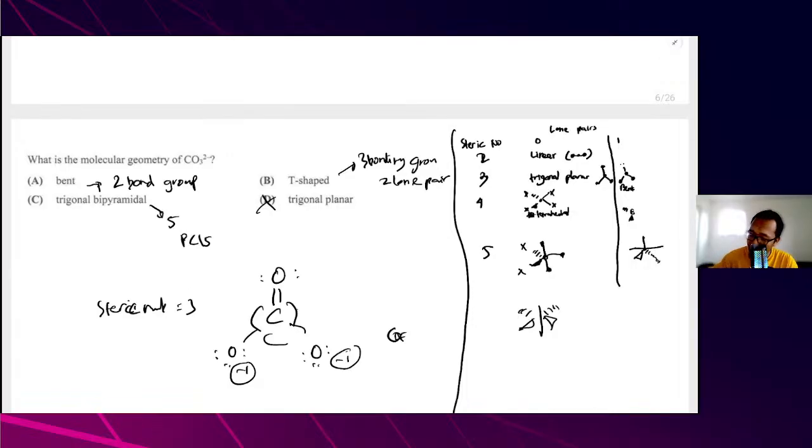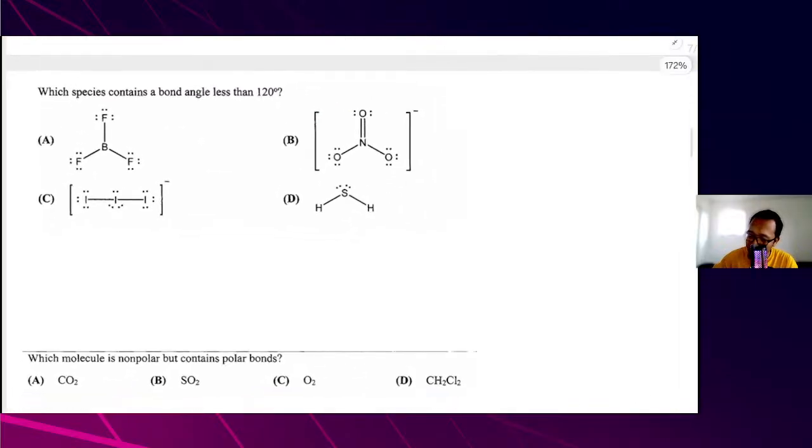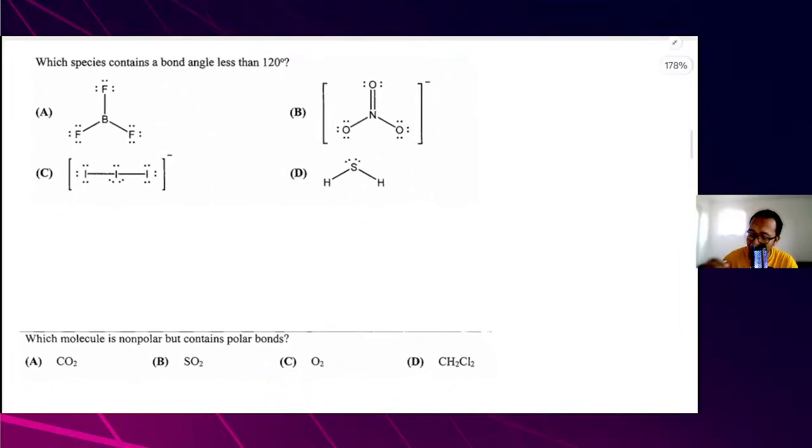Okay. Now let's move on to this one. Which species contain a bond angle less than 120 degrees? Less than. This one is 120, I'm pretty sure.